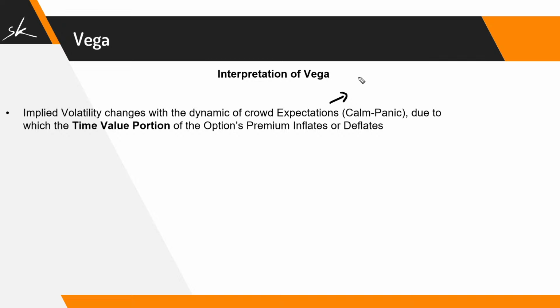He was willing to do that contract for, let's say, 5 lakh rupees, but when he had that information, he might increase his value to 20 lakh rupees. So from being very calm, now maybe not panic, maybe now he has over expectation. That is where he increased the value, and that is just because of his expectation, due to which the value portion of the option premium inflates or deflates.